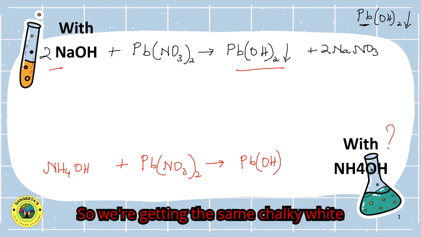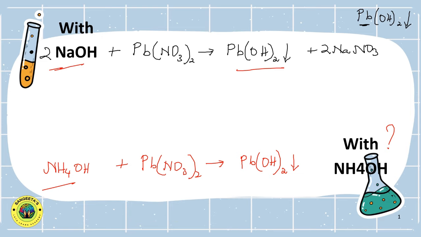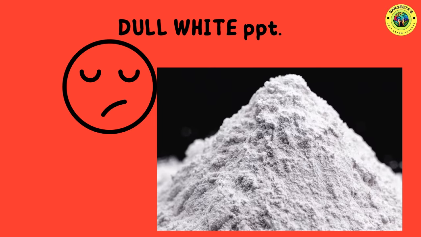So we're getting the same chalky white with different reagents, and you are getting NH4NO3. Now it's time for balancing. 2 NH4OH, so 2 NH4NO3. So Pb(NO3)2 plus 2 NH4OH gives Pb(OH)2 plus 2 NH4NO3.